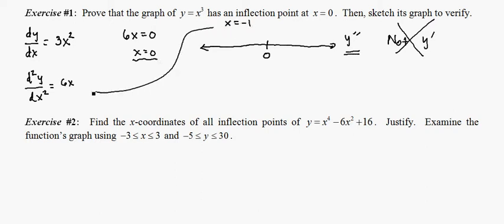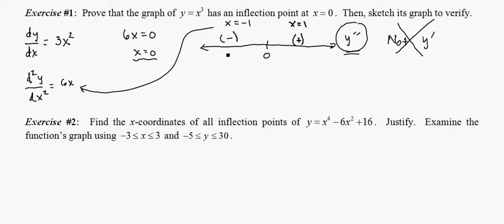What do we test it in? We test it into the second derivative because that's what we're analyzing the sign of. So if I put -1 in there, clearly I get -6. Of course, that doesn't matter. What I just want is a negative. And if I put x equals +1 into the second derivative, I get a positive.